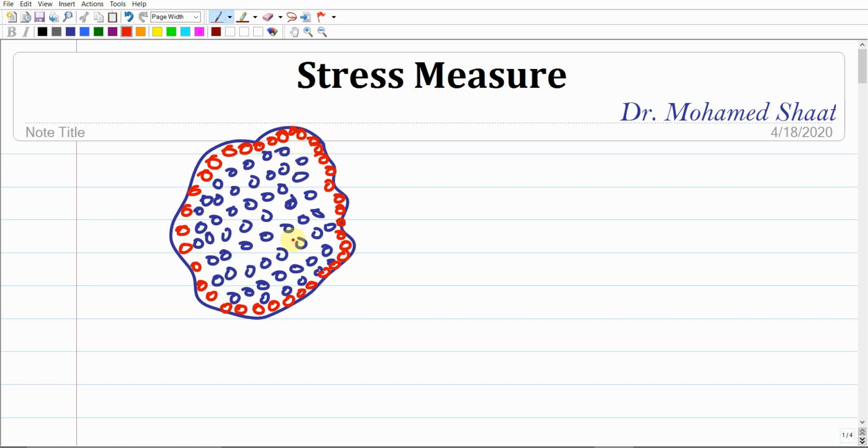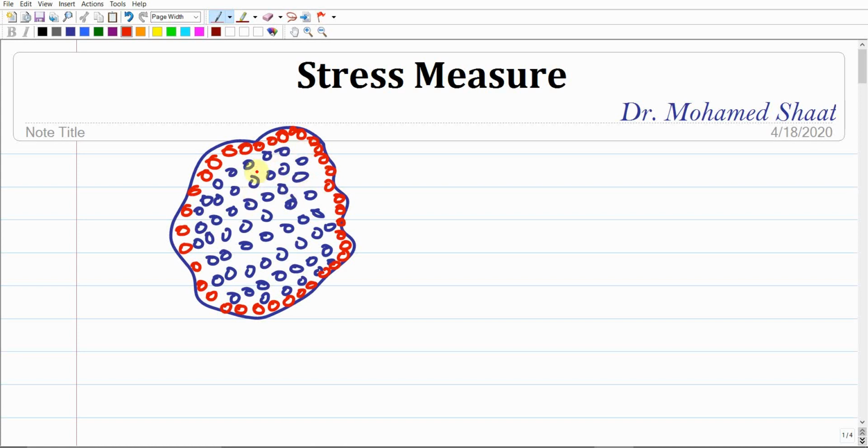The number of interactions of these surface atoms is different than the interactions of the core atoms, and this is one of the reasons that we have some excess energy because of this difference. That's why we have the concept of surface tension, especially for fluids, for example. But it still exists in solids, though its contribution is very negligible.